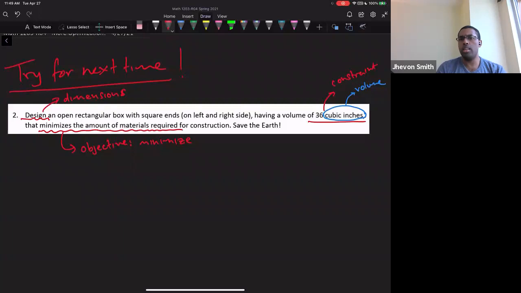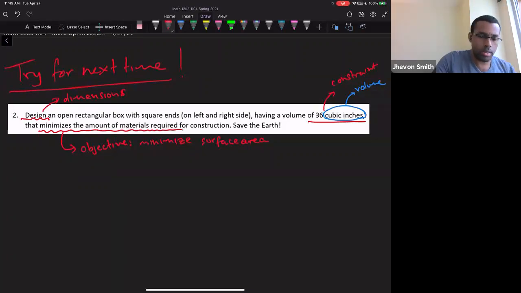Minimizing the material, you can think of this as minimizing surface area. If that wasn't obvious before, I just told you, so now you know from now on. One way you're going to minimize stuff is to minimize the area or the volume that the thing takes up. So you minimize the area, you'll minimize the amount of material, because we want to save the earth, all that good stuff. So this is an optimization problem.